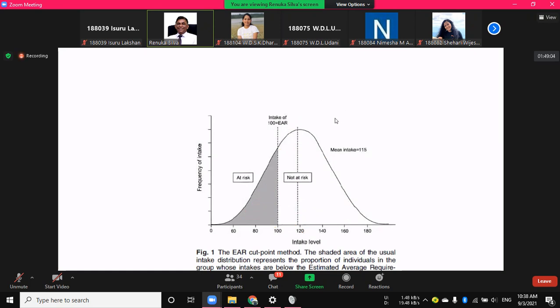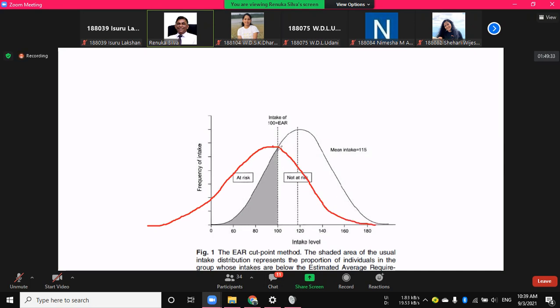You can question this. Here it's very clearly said, at-risk population. By looking at this, you can see the at-risk population, the shaded area, is less than 50%. If I draw the graph for a normal population, it should be something like this.